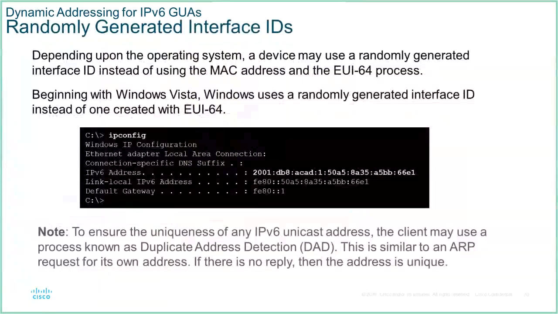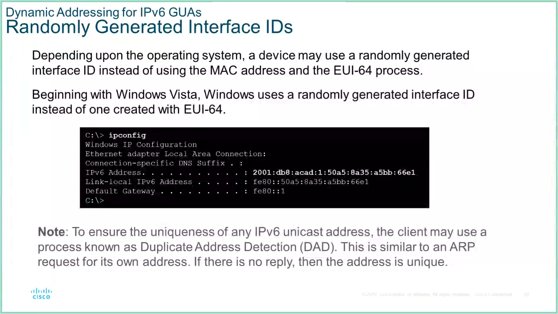Now, the benefit of using EUI-64 is you don't have to configure anything. It's just done. Because each interface requires a MAC address, it can generate the EUI-64 number automatically.